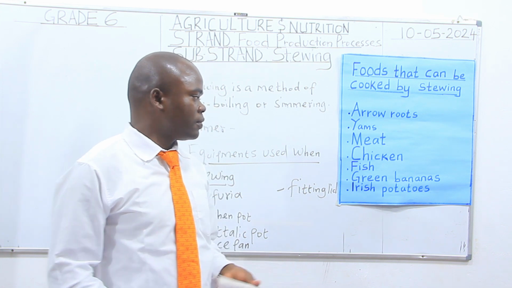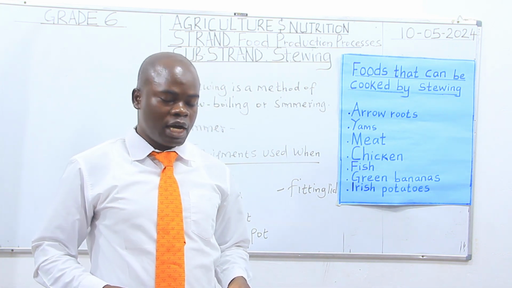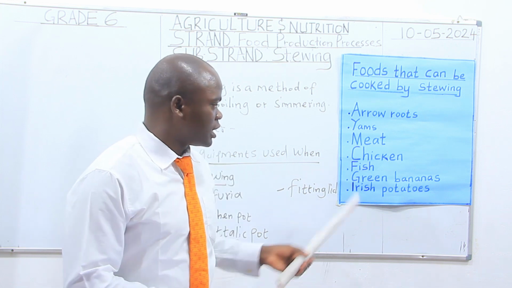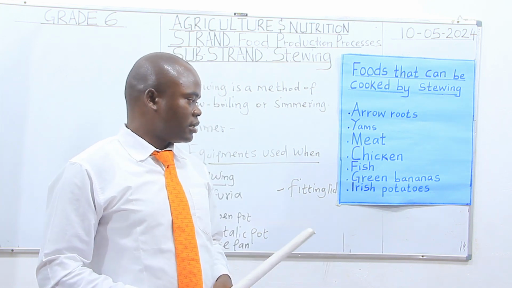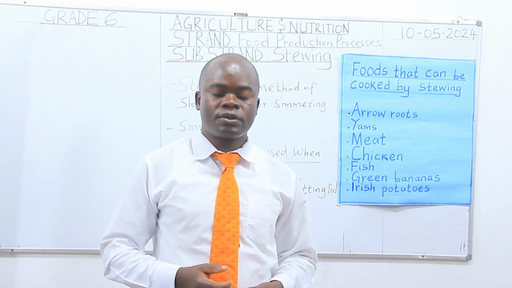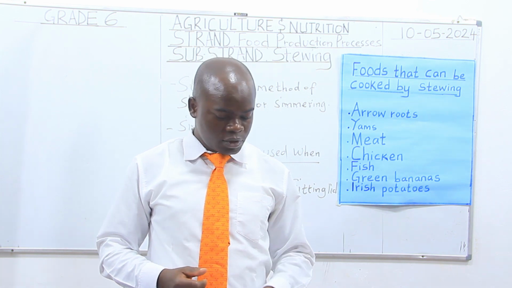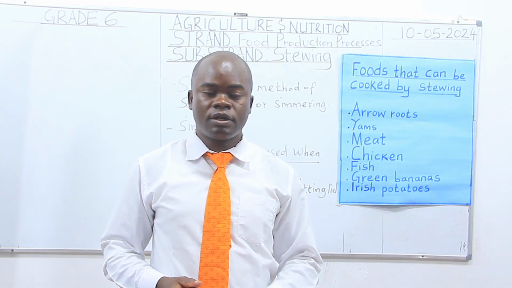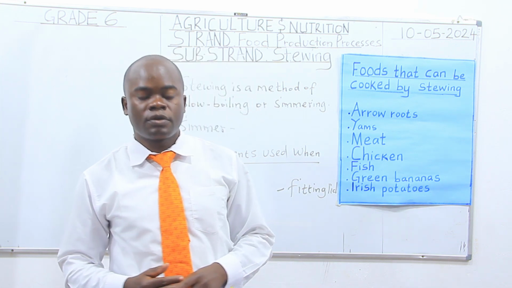How can you stew green bananas? We will learn how to stew the green bananas in our next class, and after that, you'll also be in a position to give some of the advantages and also the disadvantages of stewing as a method of cooking.